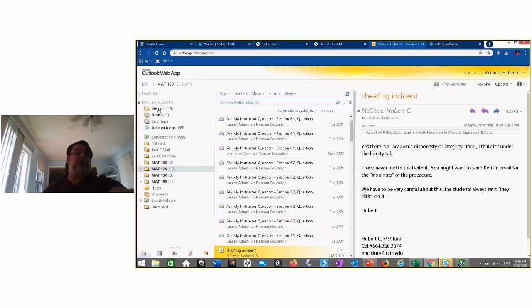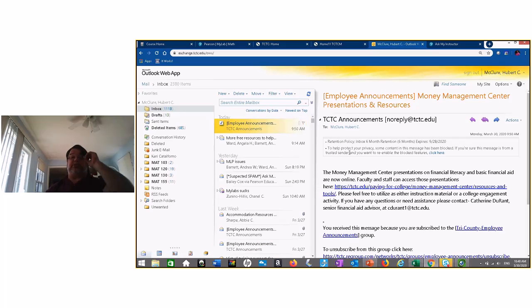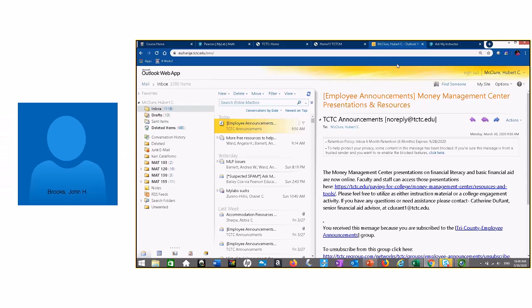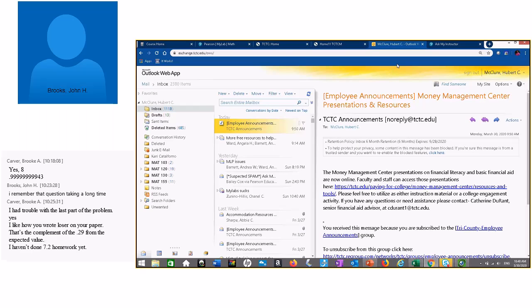All right, then let's look at the test. Let's go ahead and pull that test up then. Ms. Carver, Ms. Colvison, Mr. Brooks, y'all have any questions on 7.1 and 7.2? Have y'all started working on the homework? Yeah, I think 7.1 and 7.2 were just the things we went over the last class.